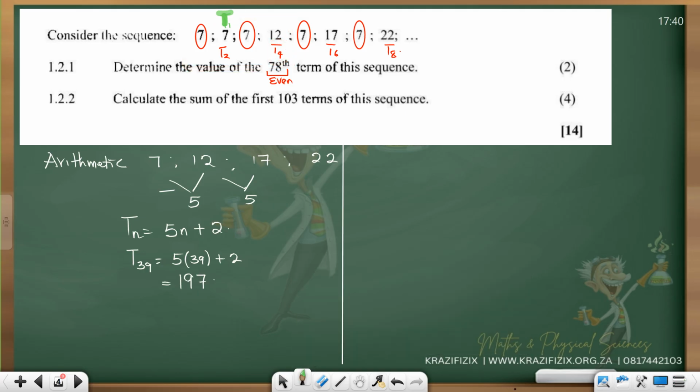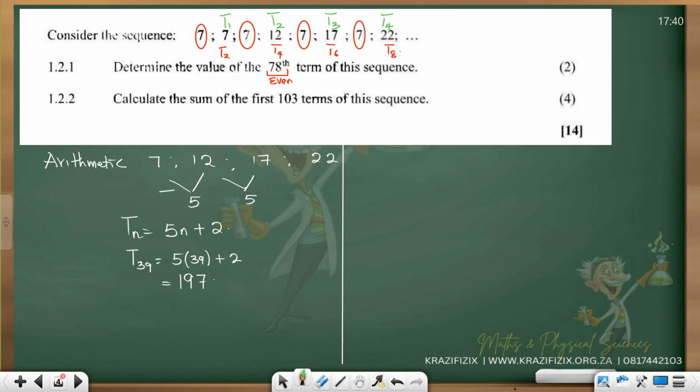That's my T1, that's my T2 of arithmetic, T3 of arithmetic. Do you notice it's times 2, times 2, times 2? So if I'm looking for T78, it will be T39, because it's double. Make sense?